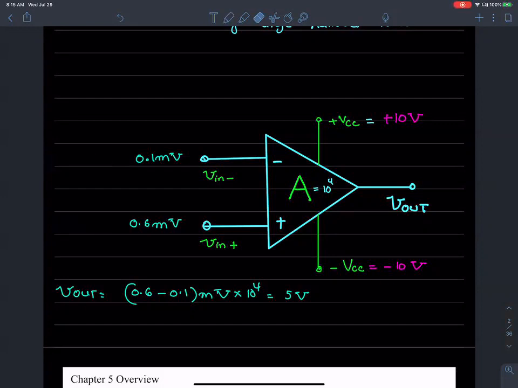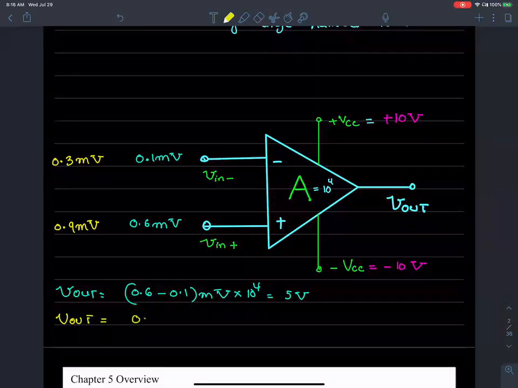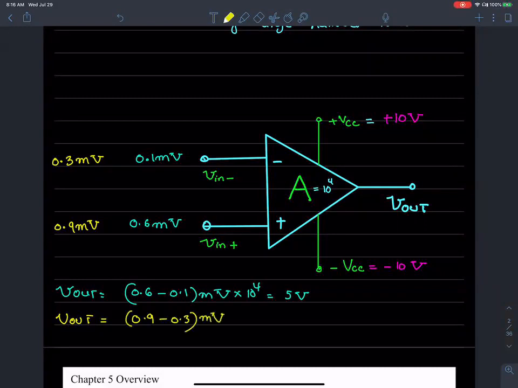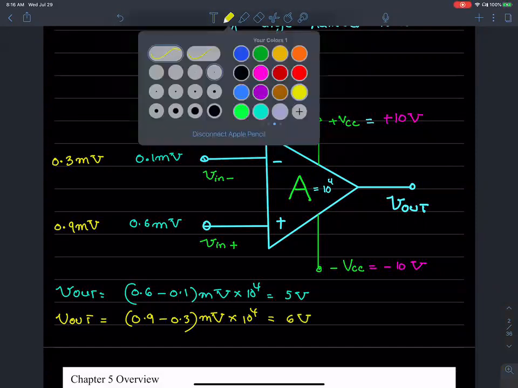Okay, 0.9 millivolts and 0.3 millivolts. When I plug these numbers in, in this case, V output is going to be 0.9 minus 0.3 millivolts into the gain, which is going to be 6 volts, right? So far, so good.